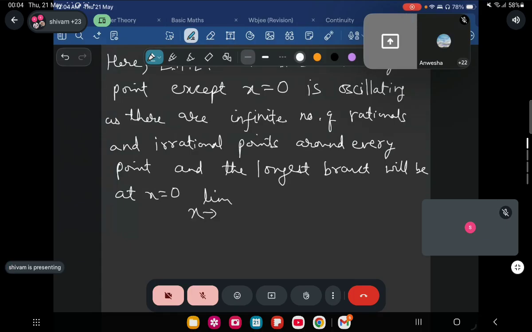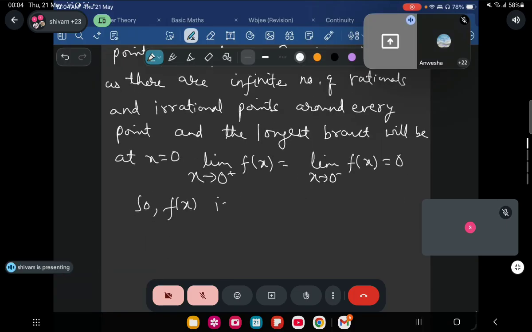Limit x tends to 0 plus f of x will be equal to limit x tends to 0 minus f of x. Both are equal to 0. So f of x is continuous only at x equal to 0.